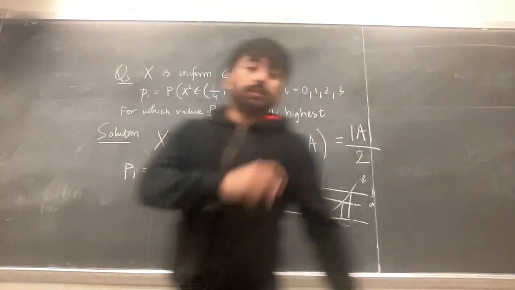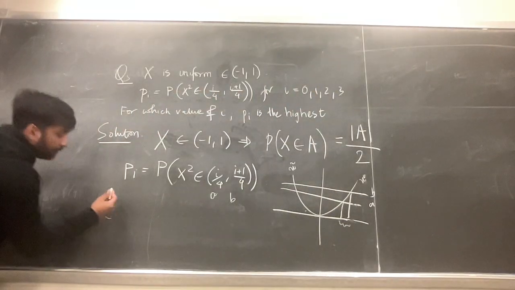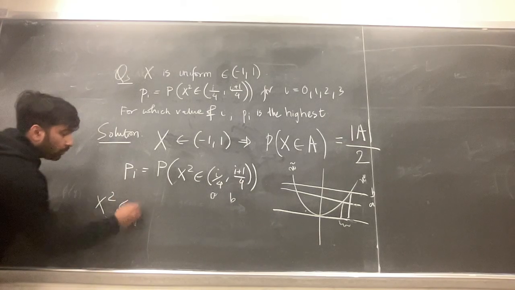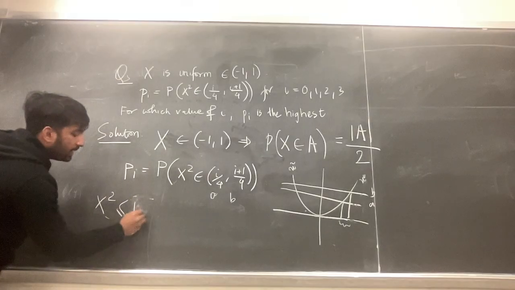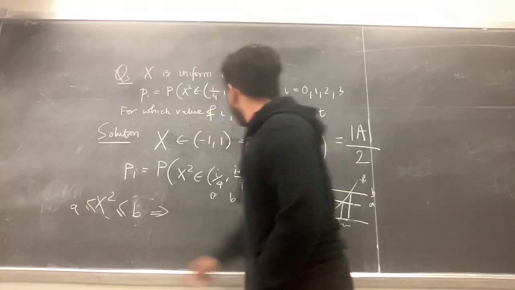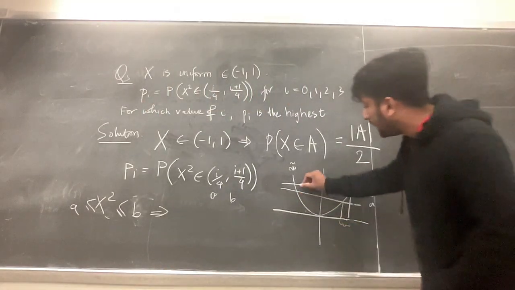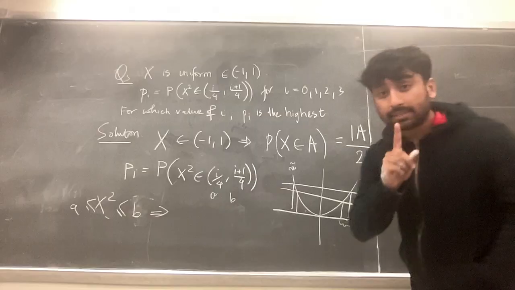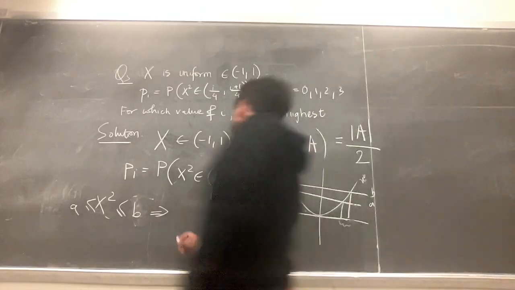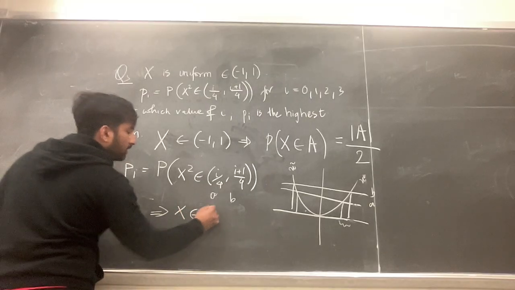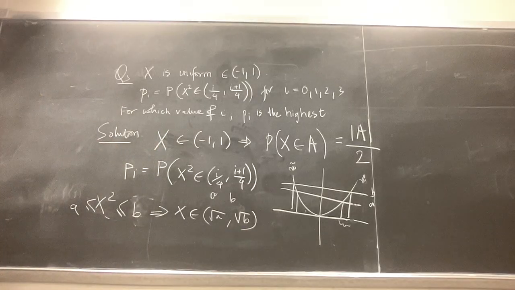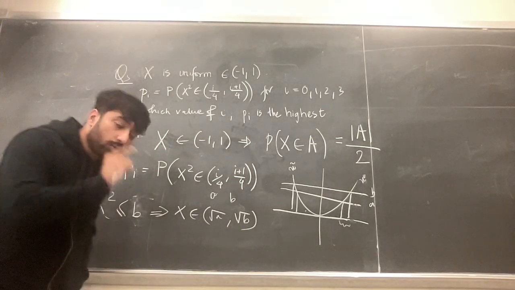If x squared is greater than or equal to a and less than or equal to b, then observe there is one region on this side and one on that side, and both have the same length because it's symmetric. So we will just look at the positive side. It means that x is between root a and root b, right? So x is between root a and root b.